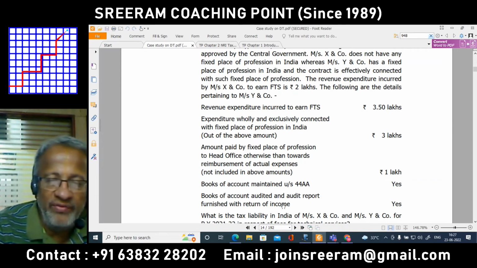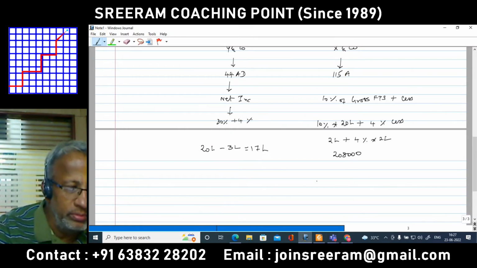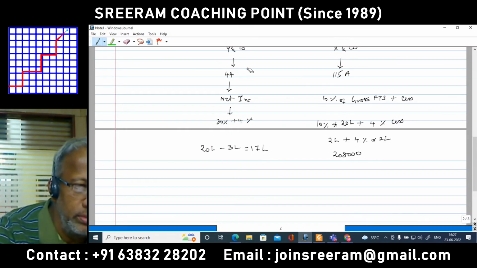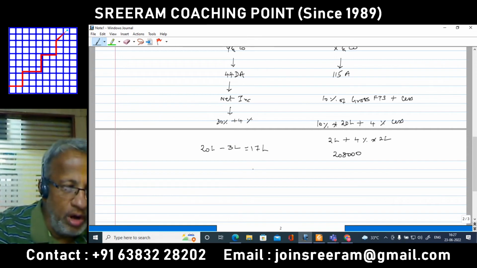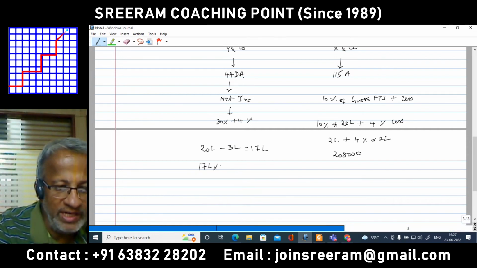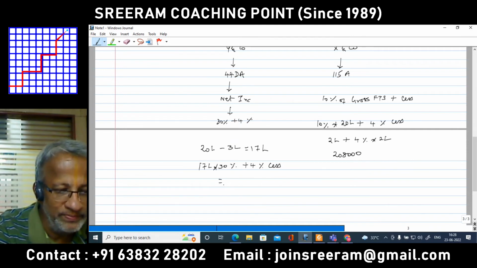So what section 44DA is communicating is what we are expected to operate. On 17 lakhs, we will apply 30% plus 4% cess. I will talk about the other issues also.